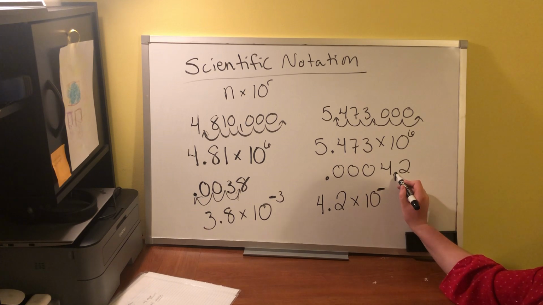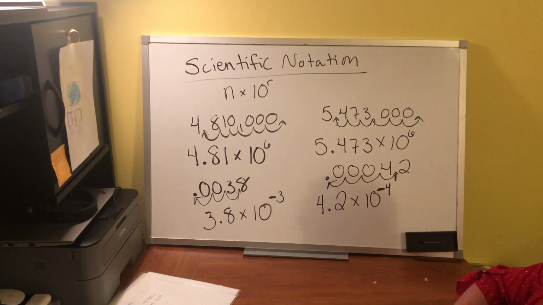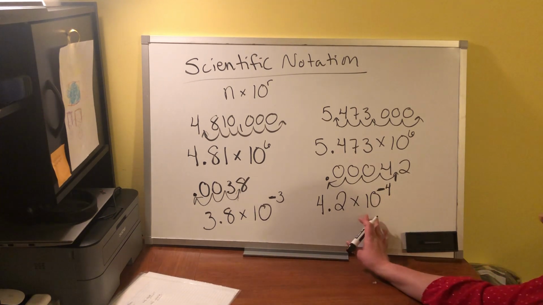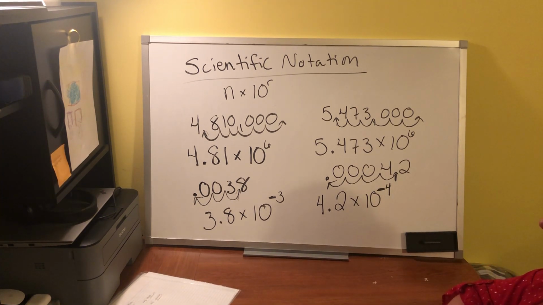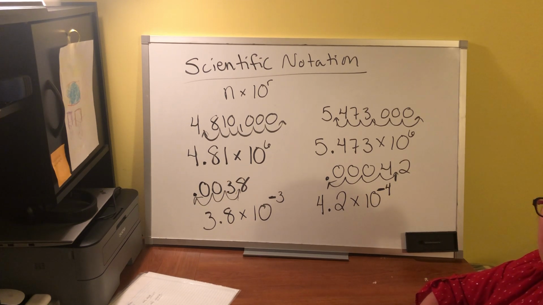Start here where we placed our decimal. See how many places it took us to get back to the original. So we're going to the left. 1, 2, 3, 4. So our answer is 4.2 times 10 to the negative 4th power. Okay? Hopefully you remember doing this at some point. If you're in my Dem 100 class, if you're in my Math 95, right, we have done this previously.